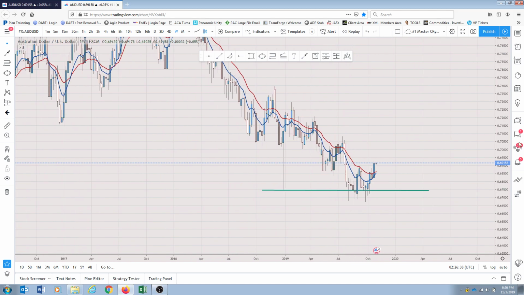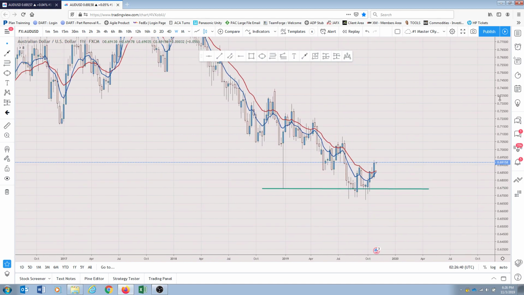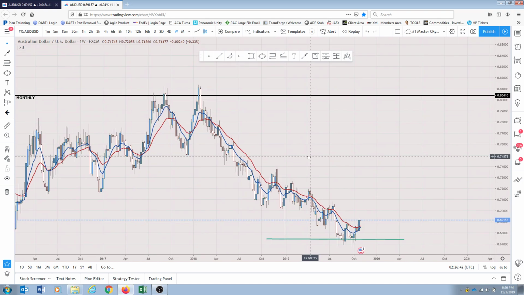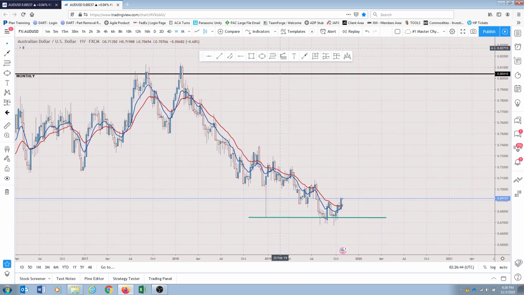So we're at a very important level here, and I keep telling you guys to study this one pair, study AUD USD. If you can master this pair, you'll be able to print money. If you jump around between different Forex pairs, you're not going to get to know the pair. Every pair moves different.